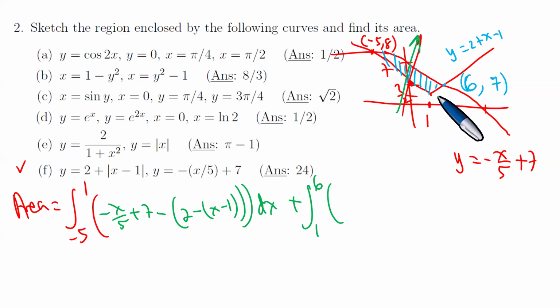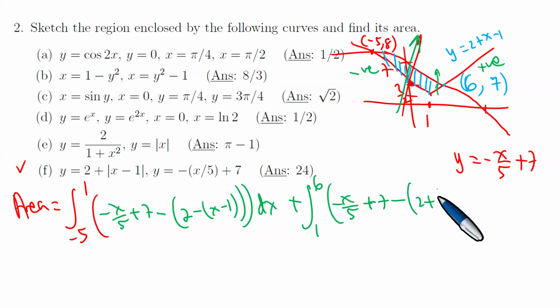And the upper curve in this region, after the vertex, is going to be the straight line. Upper curve minus the lower curve. The lower curve becomes the absolute value graph with the positive slope, positive because the slope is positive here, and then the slope is negative there.